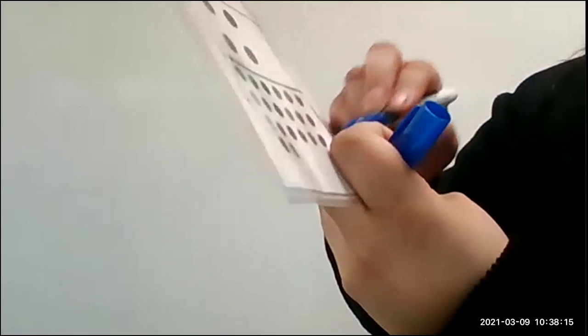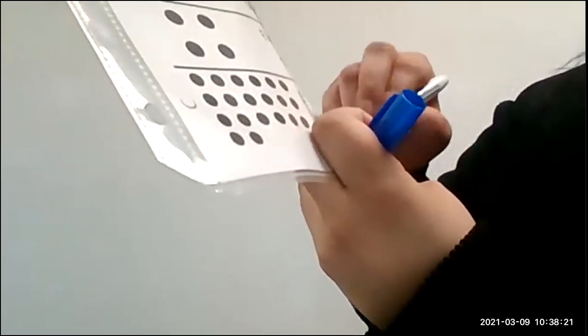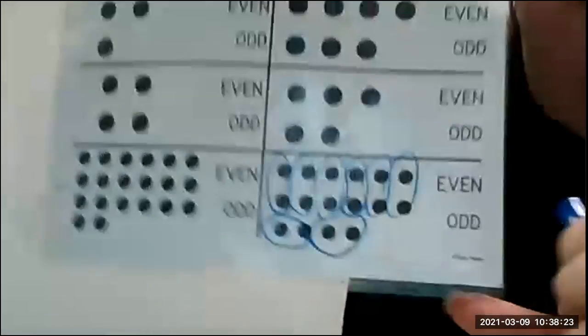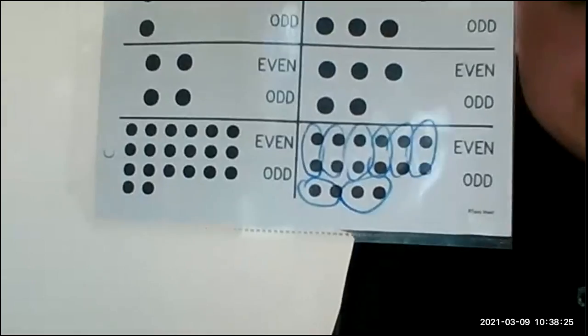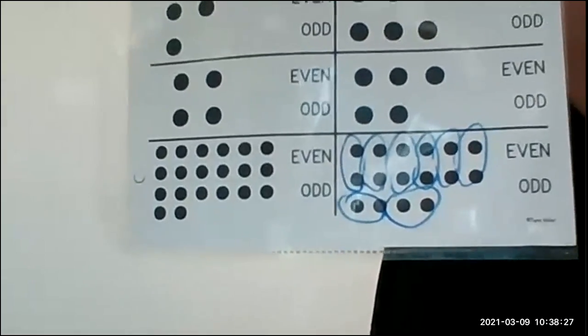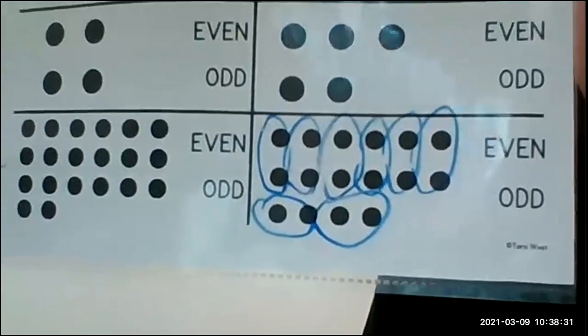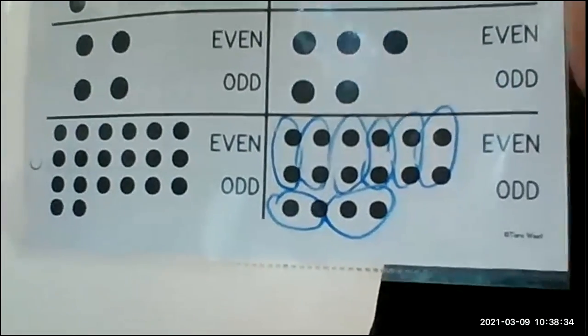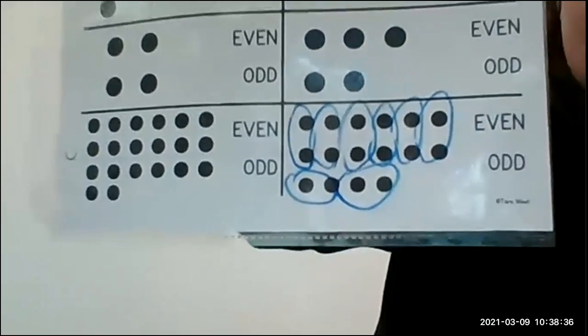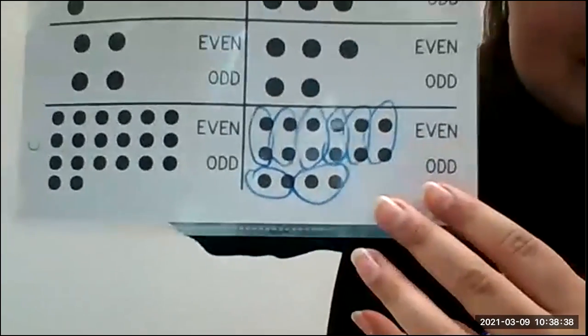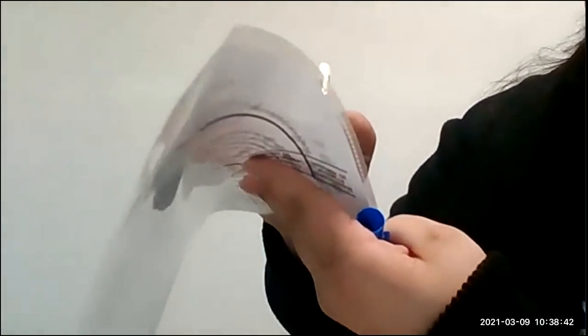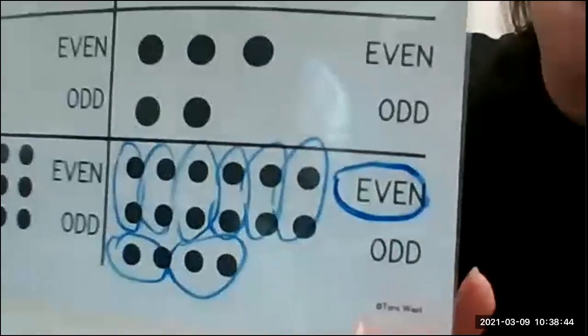So 1, 2, 3. Make sure you're circling your groups of 2. Give me a thumbs up if you think it's an even number, or a thumbs down if you think it's an odd number. I see thumbs up. Good job. Yes, we don't have any friends left over, so this is an even number. So we're going to circle the even.